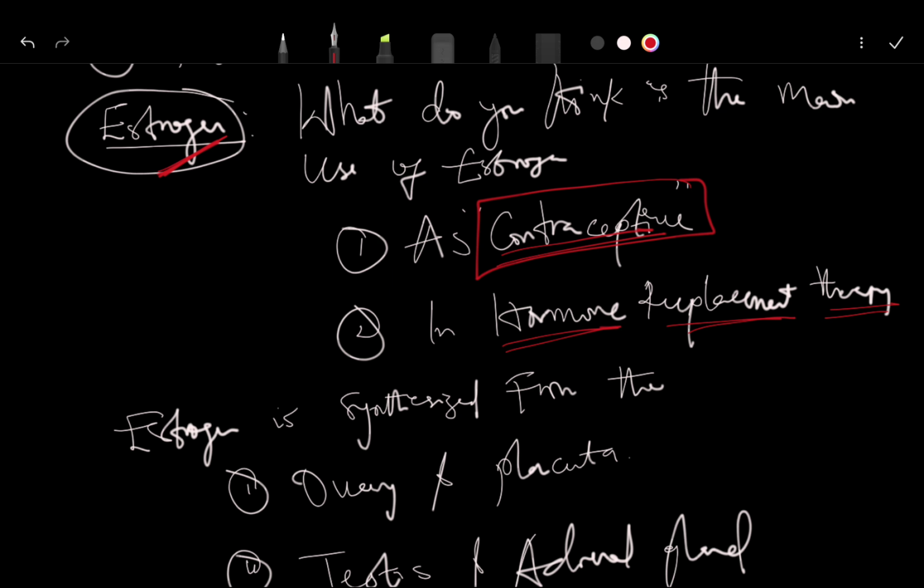Also, women that have approached menopause use estrogen as hormone replacement therapy because during menopause the level of estrogen is drastically reduced.